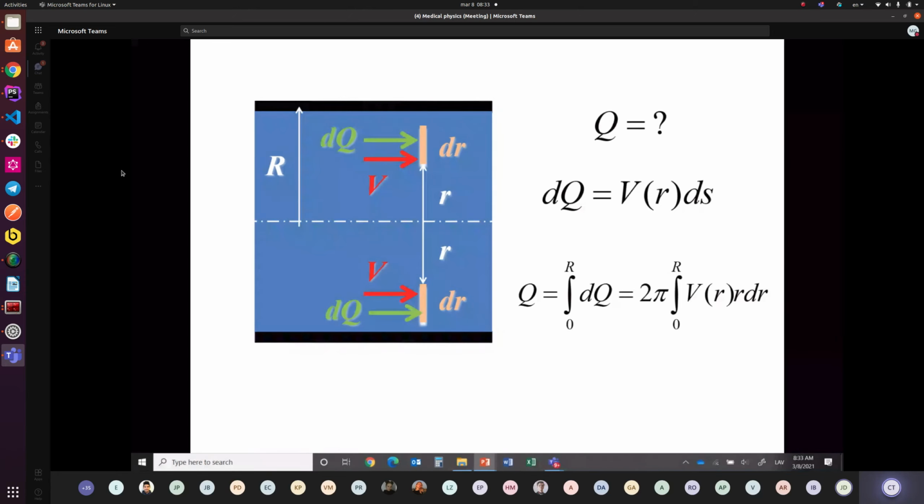This is area. We are getting the length of the ring, 2 pi r, with the width of the ring. Is this clear? Okay, so it's like taking a cylindrical pipe, but then taking a square section.